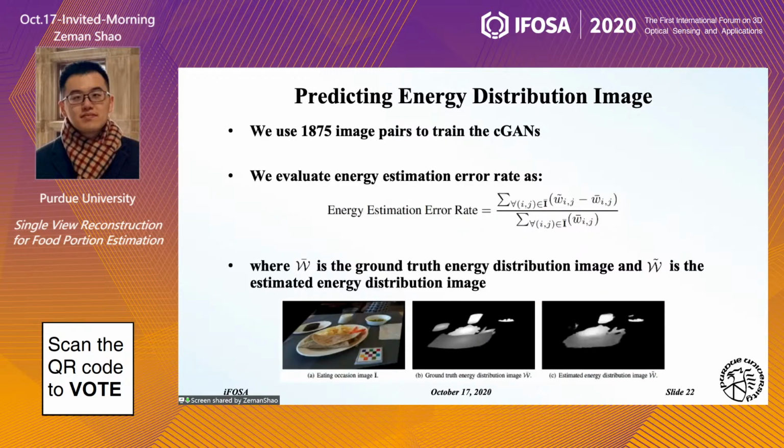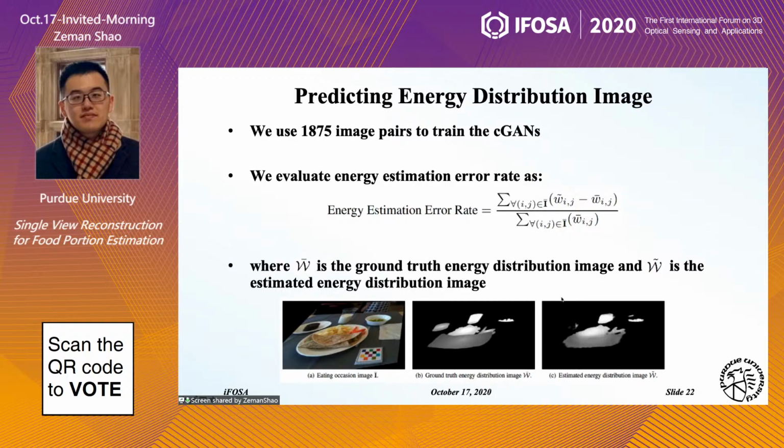We don't have exactly the accumulated error compared to the final energy value. Because you can see in some eating scenes, some food is hidden in another one. You're right.